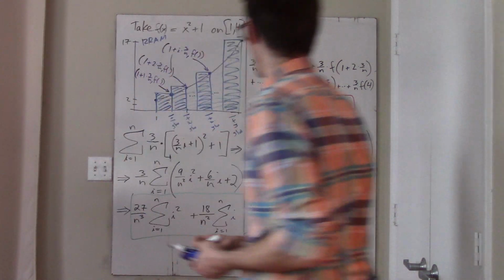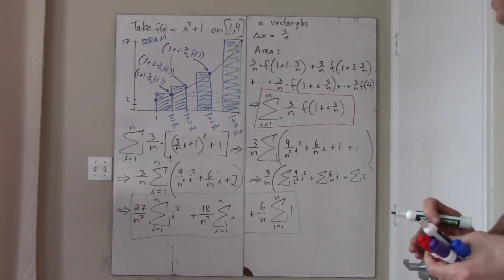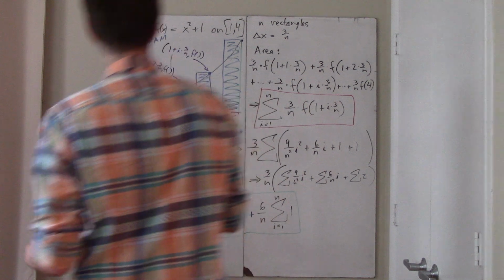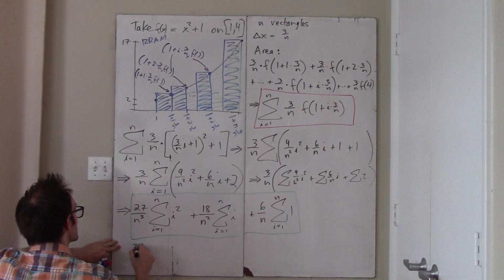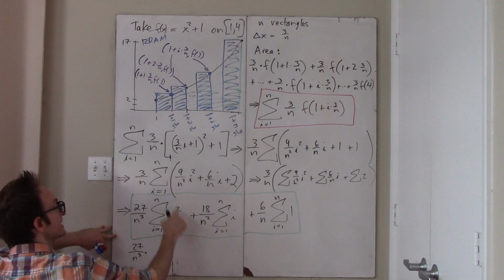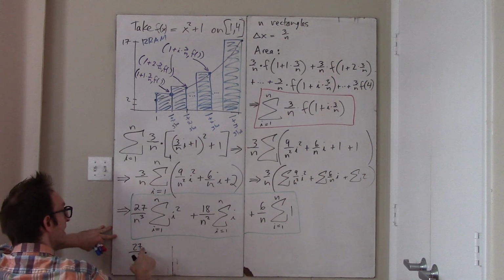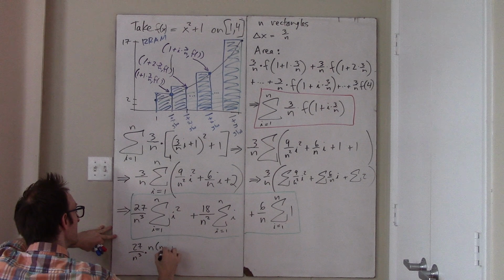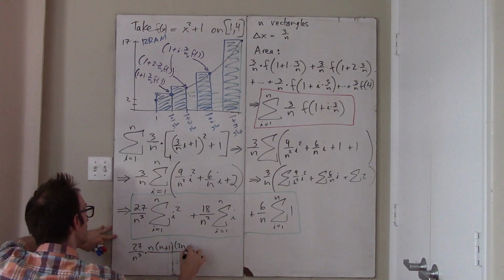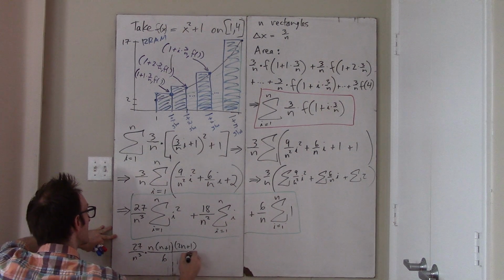But we're not done yet. Now I reach for the formulas. And the formulas say, okay, this is 27 over n cubed times, what is the sum from i equals 1 to n of i squared? We know it as n plus 1, 2n plus 1 over 6.